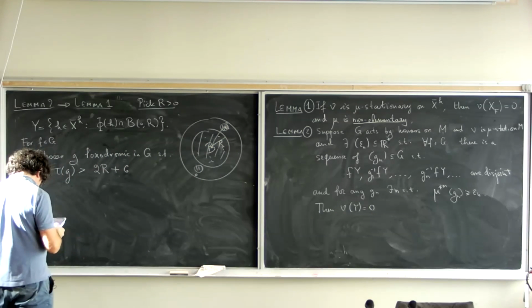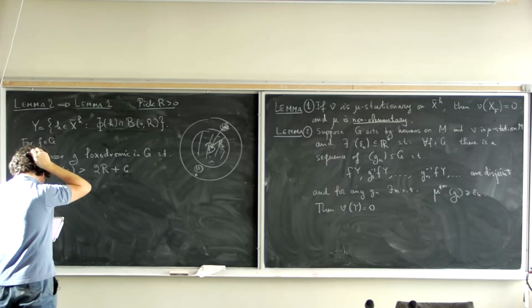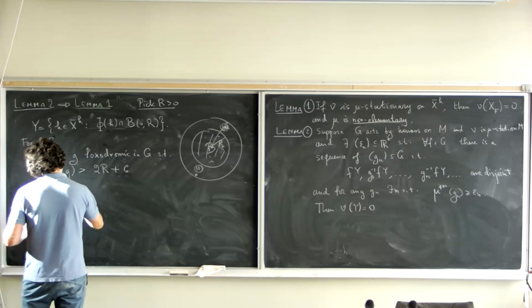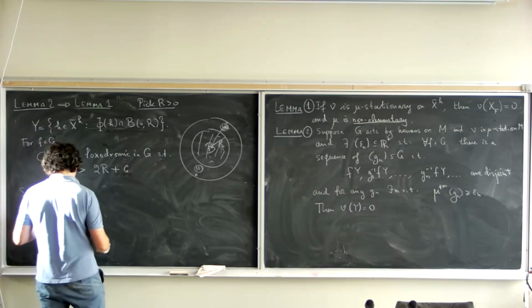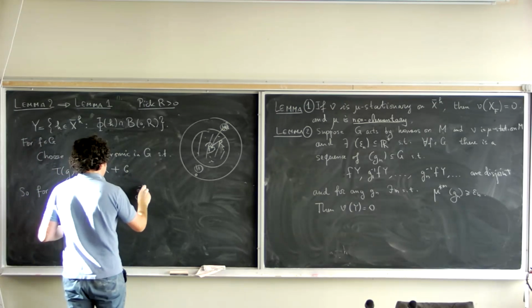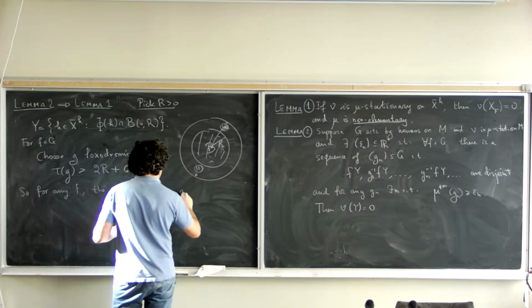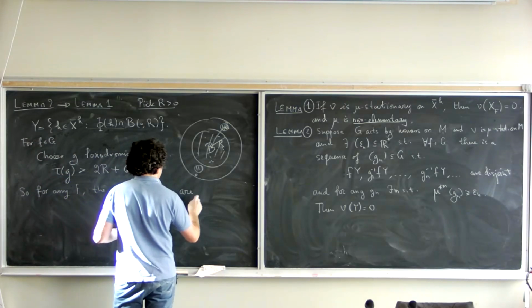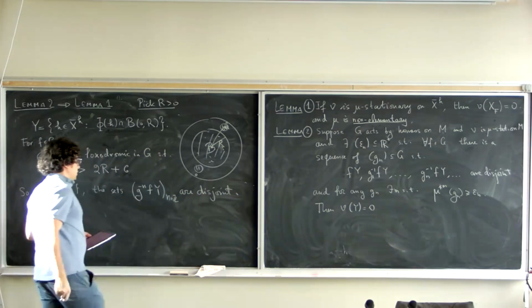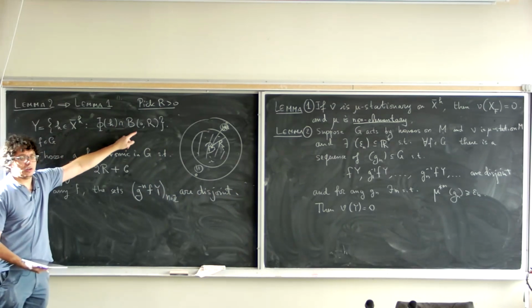Okay. And so what do we need to say? We want to say that for any f, the sets g to the minus n fy over n are disjoint. Again, we start with the ball centered at 0.